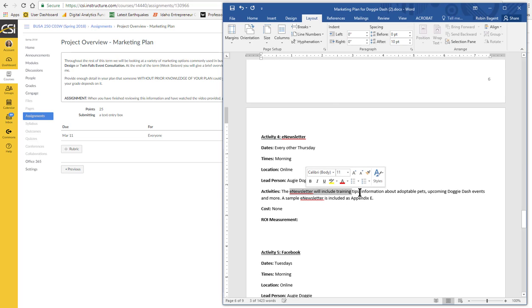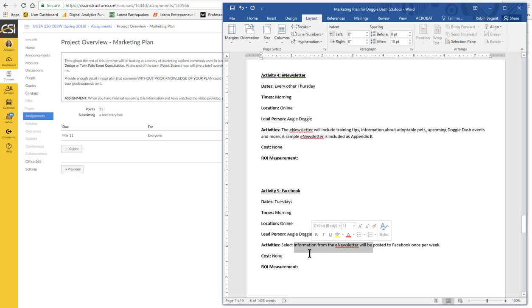In your e-newsletter, you're advertising the open house. You're also advertising that you're on Facebook. The Facebook would encourage people to sign up for the e-newsletter, and that would also encourage them to come to the open house. So make sure that you include cross promotion.